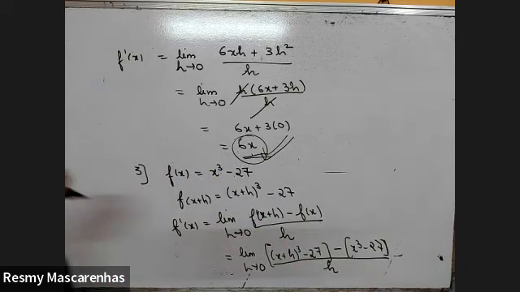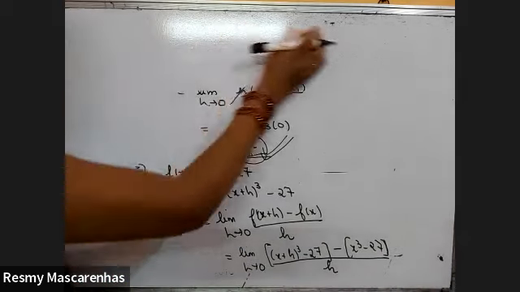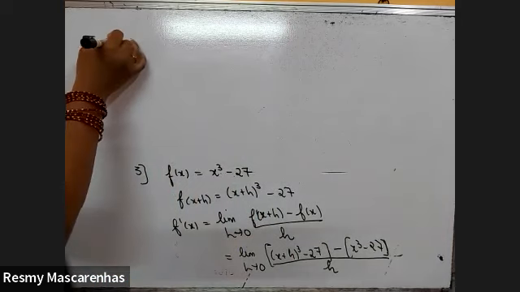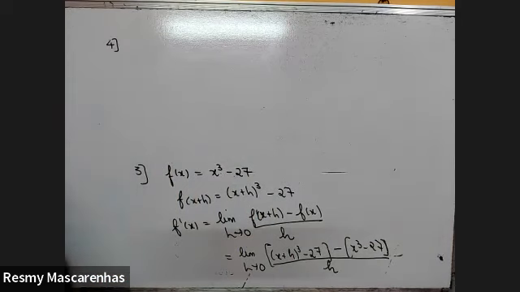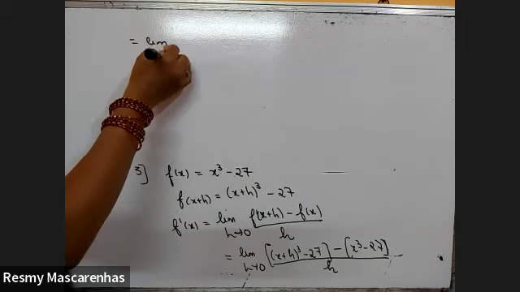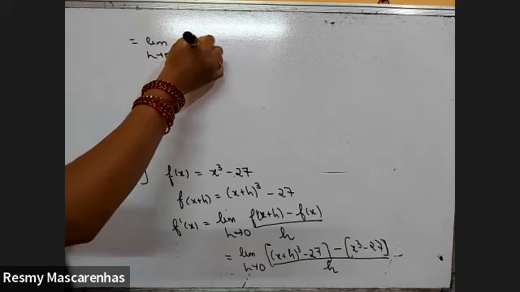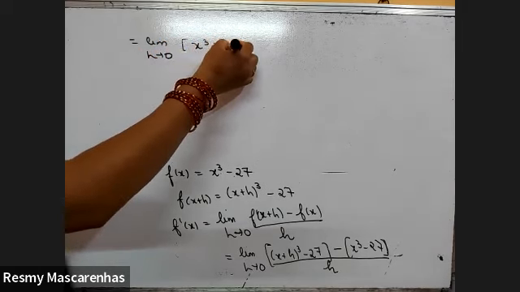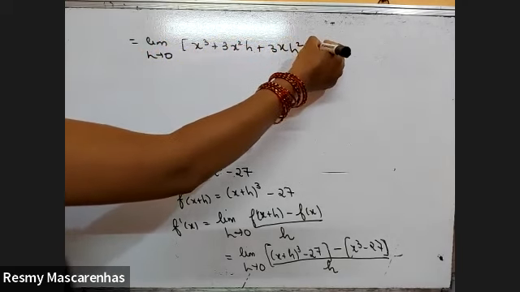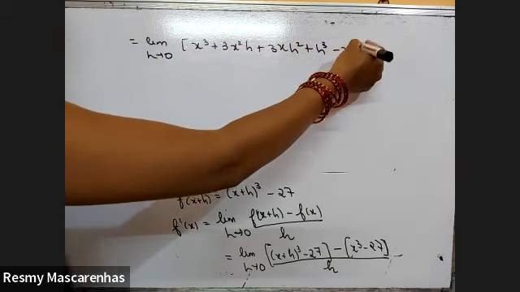Now simplify. Use the a plus b the whole cube formula. Sorry, before that, limit. a cube plus 3a square b plus 3ab square plus b cube minus 27.